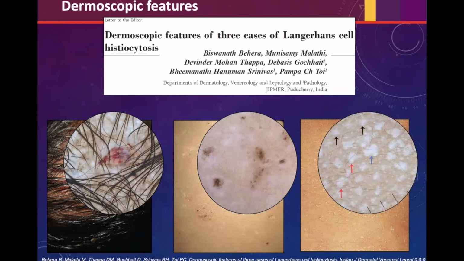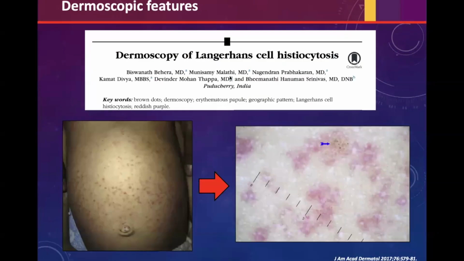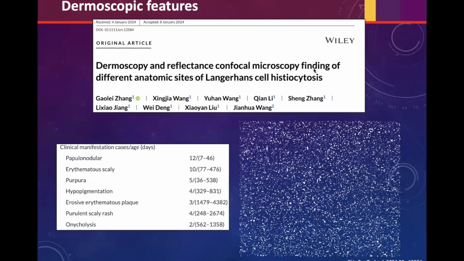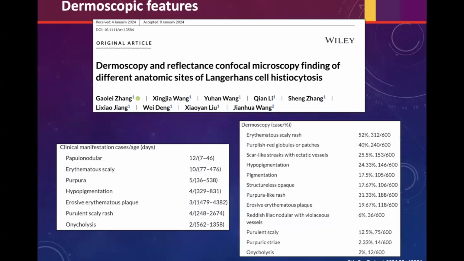This is another case, the clinical image for Langerhans cell histiocytosis with multiple erythematous papules on the abdomen, and at the dermoscope image, we can see reddish purple areas in a geographic pattern and brown dots. In this study, the sites of predilection include the trunk and extremities.